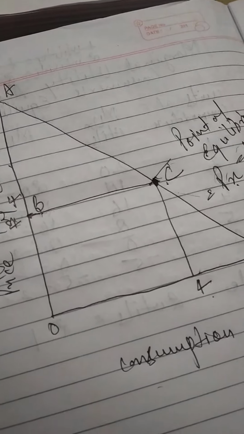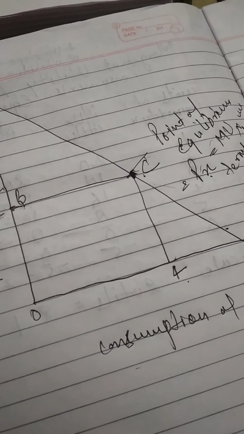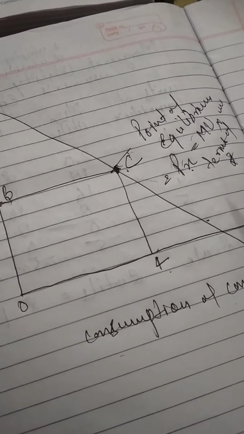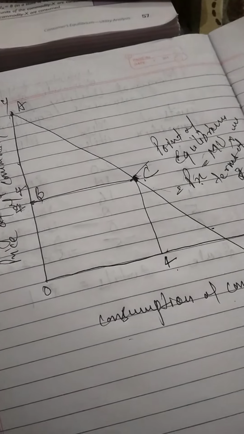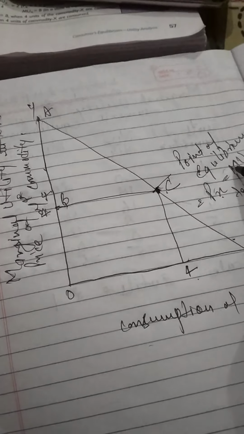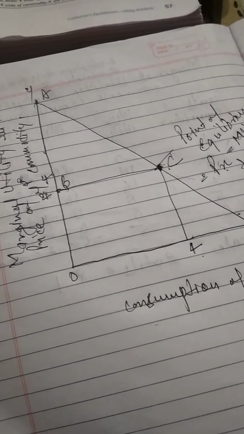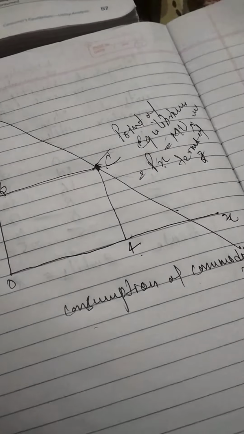In the state of equilibrium, the consumer buys 4 units of commodity X. So this is the consumer equilibrium curve and point of equilibrium in case of one commodity.